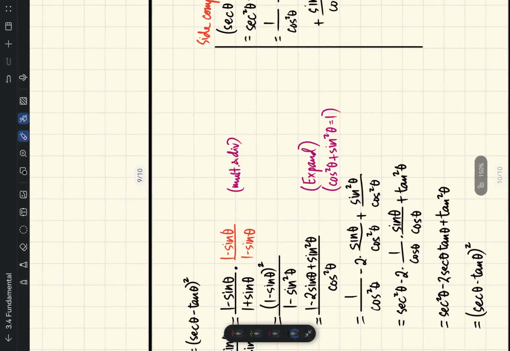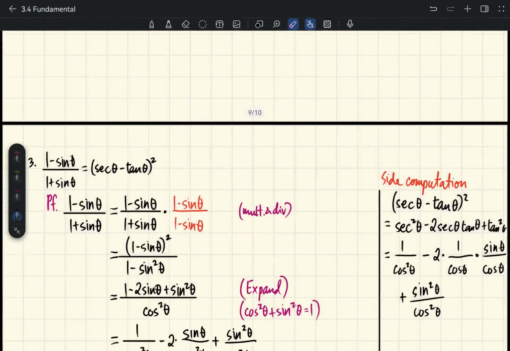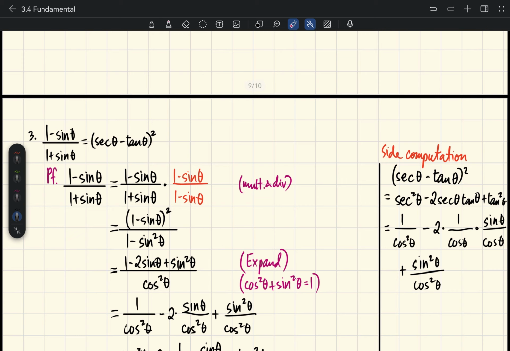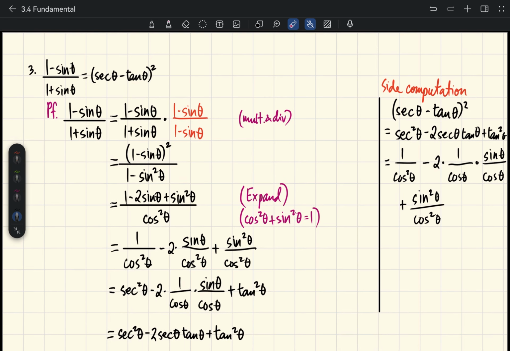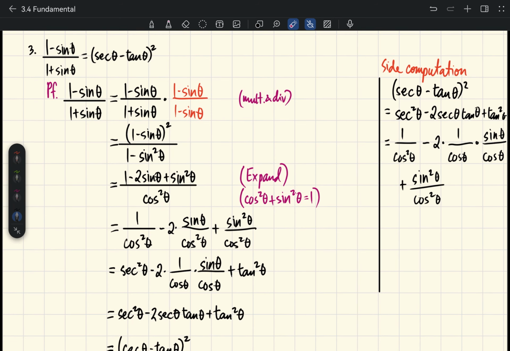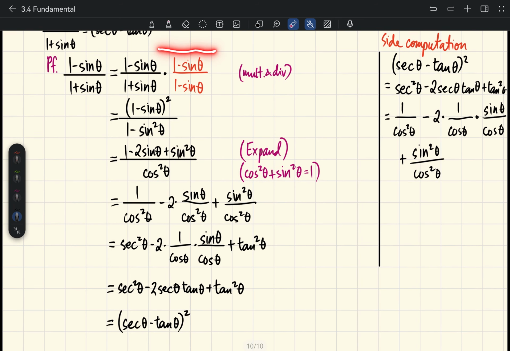So, we have already proven this equation right here, 1 minus sine theta over 1 plus sine theta equals the square of secant theta minus tangent theta. And as you can see, our main trick right here is this part where we multiplied and divided.